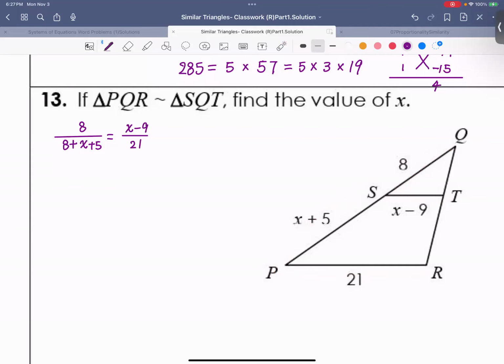Go. So this is 8 over what? x plus 13. Okay. And then do this.